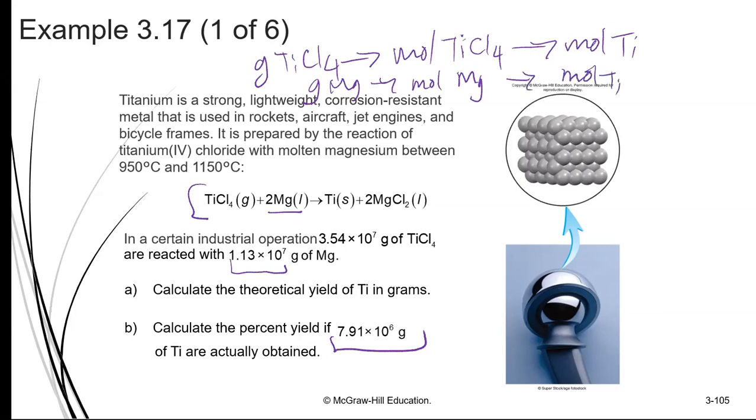So we can figure out our theoretical yield, or I guess we should take these all the way to grams of Ti since that's what we're using, because we need to figure out which one is going to be our limiting reagent. Once we have that, then we can compare our theoretical yield to our actual yield to get the percent yield.